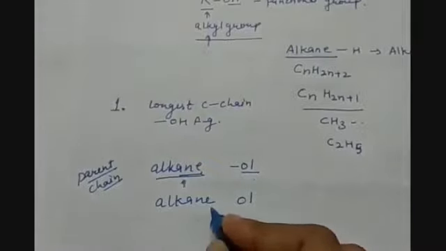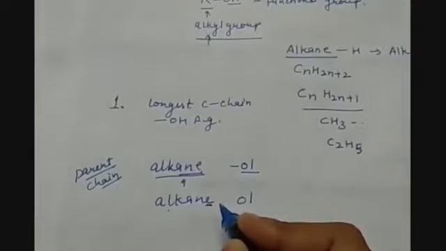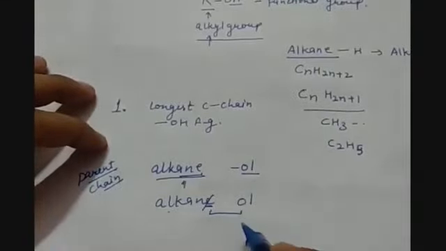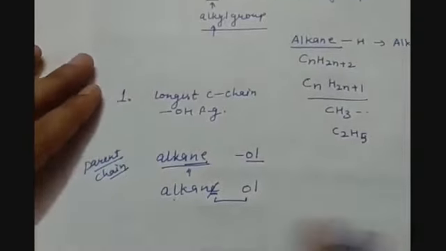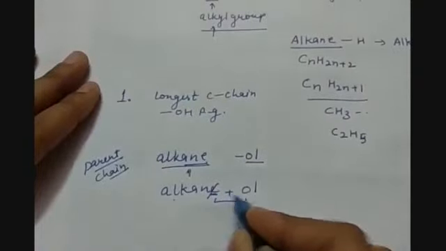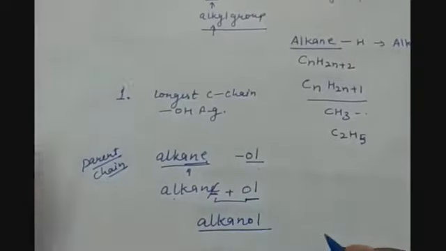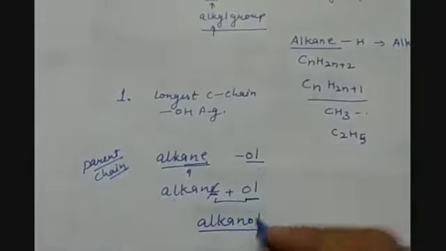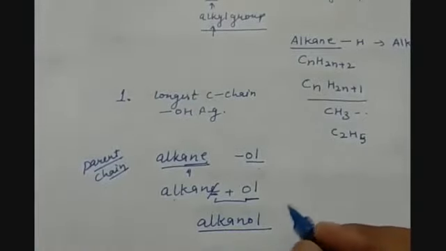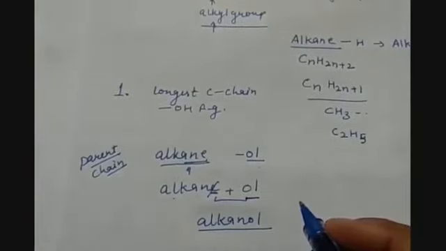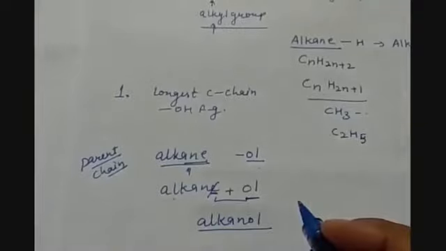But there is a rule that we have to remove the last letter E of the parent chain plus primary suffix because two vowels cannot stay together. So we remove E from the first part and join ol to it. It will be called alkanol. There is no need to mention the position if the alcohol is present at the terminal of the carbon chain, but we have to mention the position of the alcohol group if it is not at the terminal.